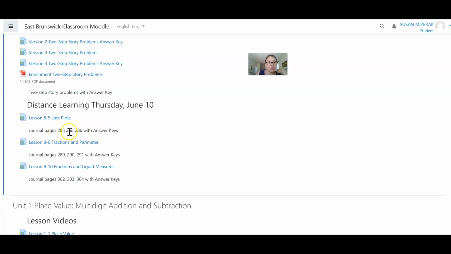These are in journal pages, so if you have your journal at home, of course you can work in your journal, but I also have the link to a Google Doc with the journal pages that go with each of these lessons and their answer keys. Again, you choose the work that you need the most.